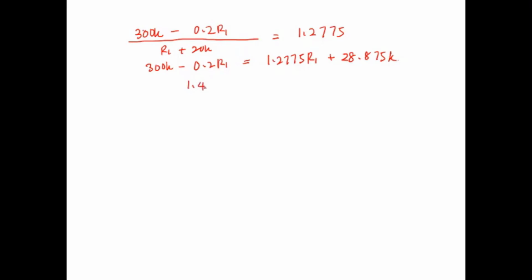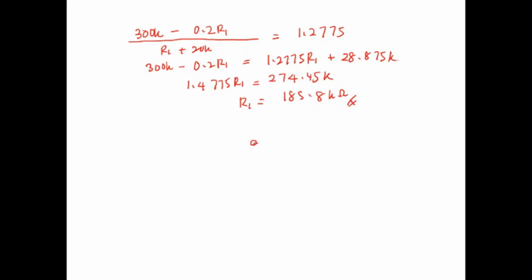This is 1.4775 R1 equal to 274.45k, and then you get R1 equal to 185.8 kilo ohm.